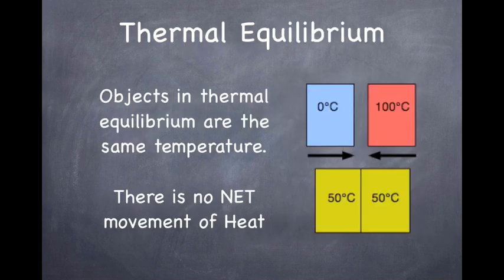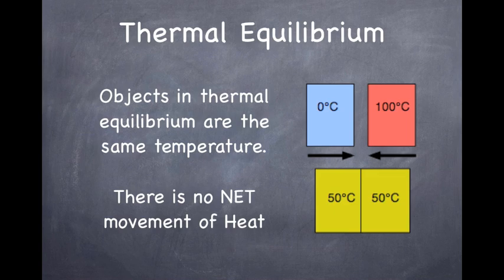One key thing that we need to talk about is thermal equilibrium. Thermal equilibrium is when objects are at the same temperature. Now, all objects will seek to go to thermal equilibrium. Even if you have these two blocks right here and they're separate, some heat will leave this and go to this. Now, if you touch them, it's more likely that that's going to occur. Thermal equilibrium does not mean that there is no heat transferred. It just means that the net movement of heat is equal.